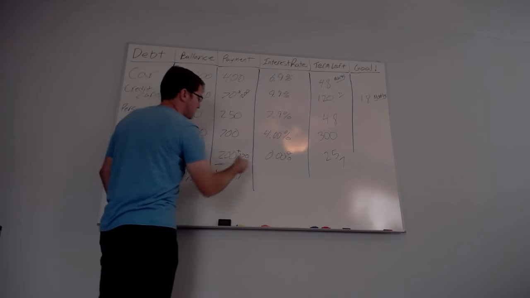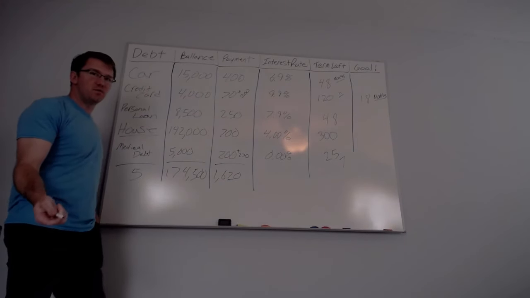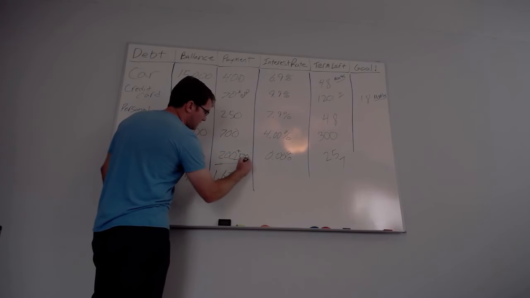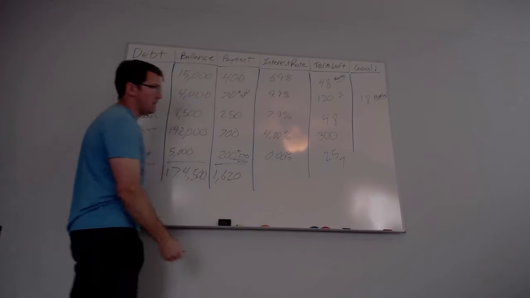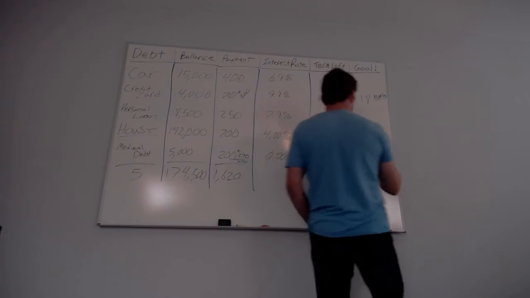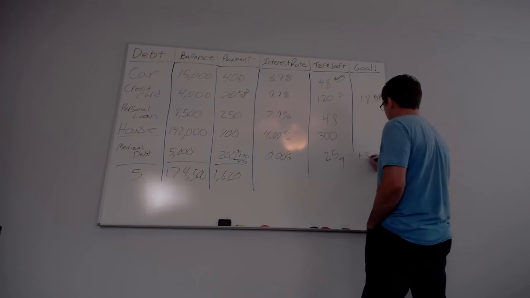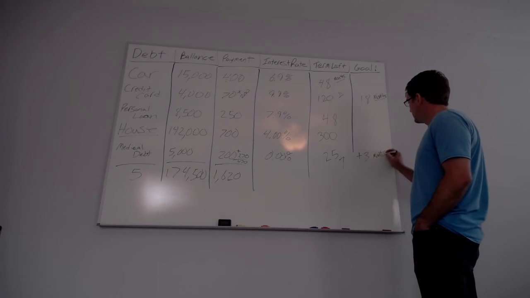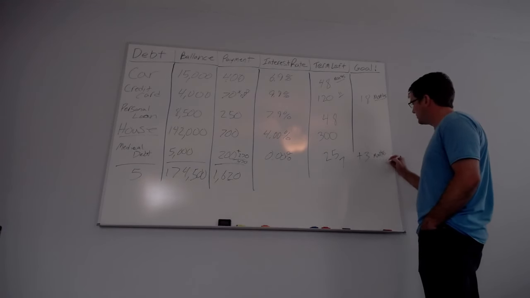Well, 7 months times 200 is $1,400. But if you're sending in 470, 4, 8, 12, really you're going to have this paid off in 3 months. So we're going to do plus another 3 months. Okay, I cannot spell today.